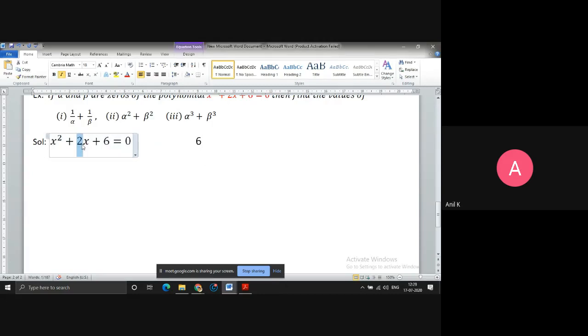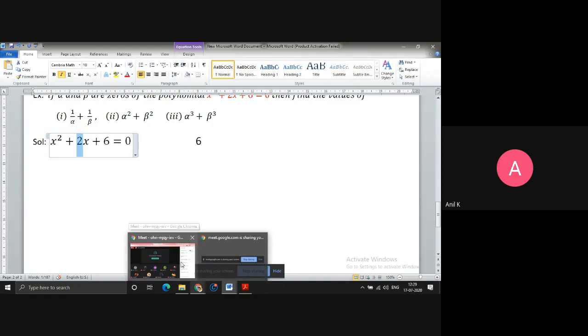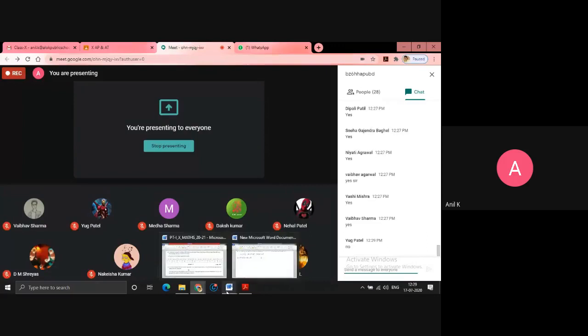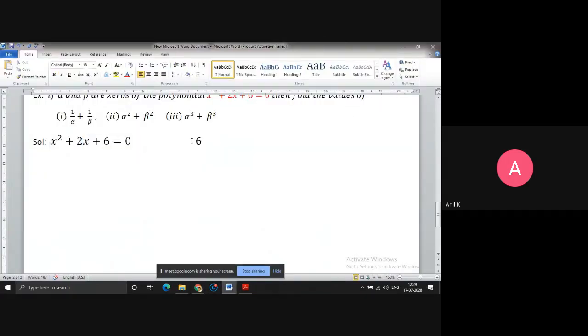Do you have any two factors of 6 whose sum will be 2? Can anyone give me the answer? If anybody knows, you can give me the answer. No, right?